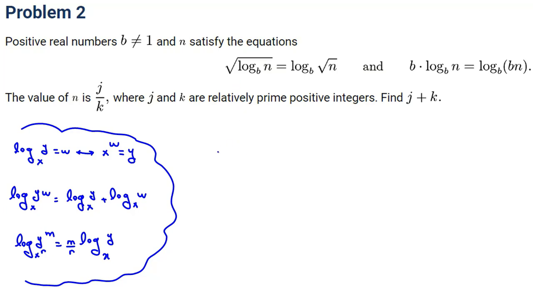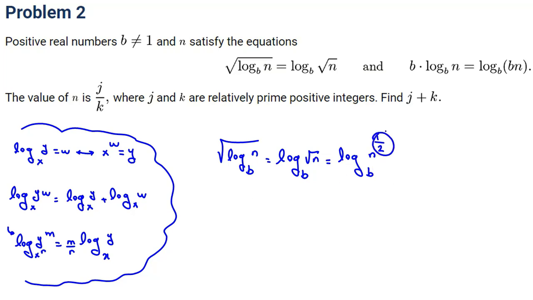So let's start. The first part says square root of log_b of n equals log_b of root n. Root n is what? By definition, root n is n to the power of 1 over 2. Now, if we use this, r is 1 here. Here we don't have any power, so m is 1 over 2, so it will be 1 over 2 log_b of n.